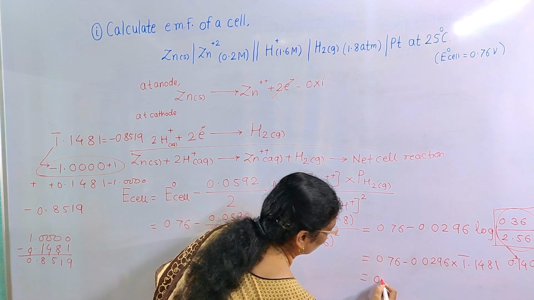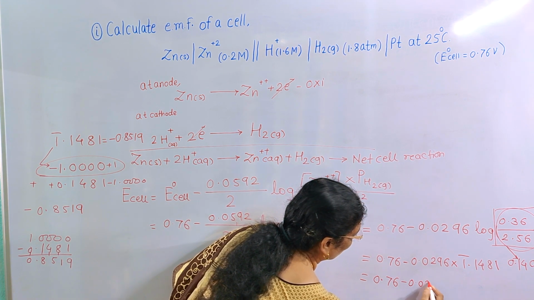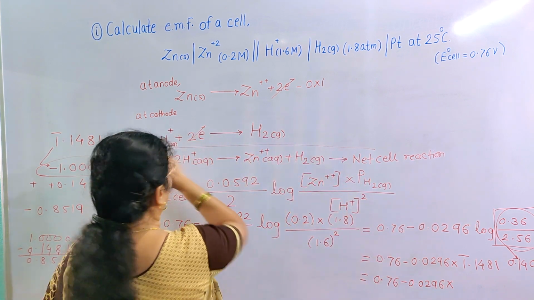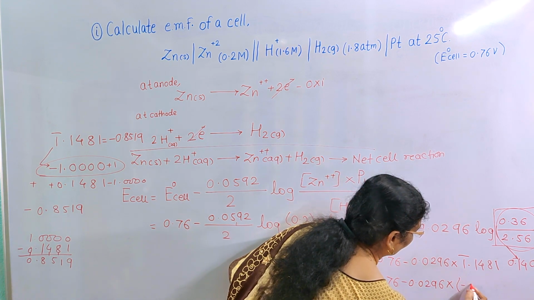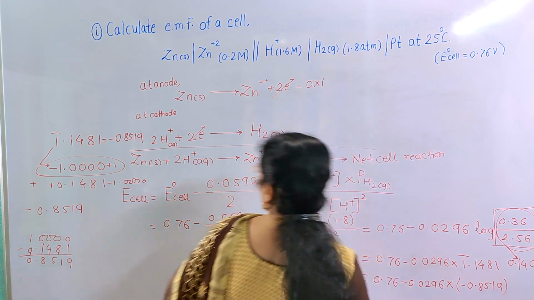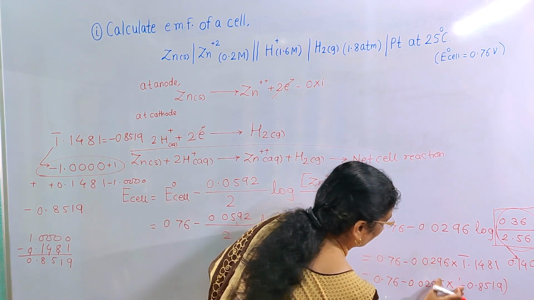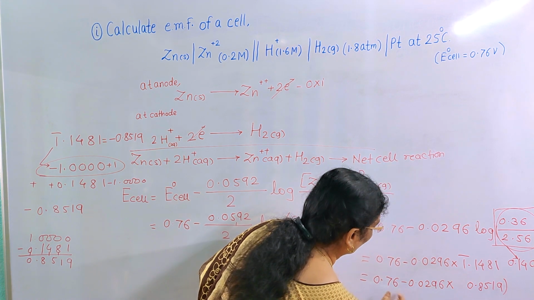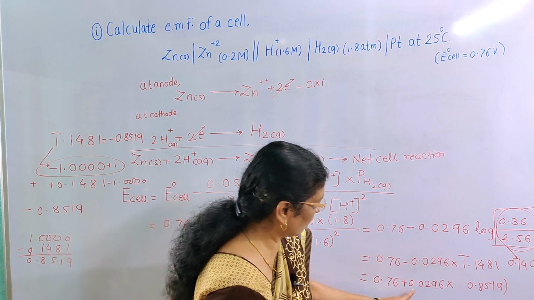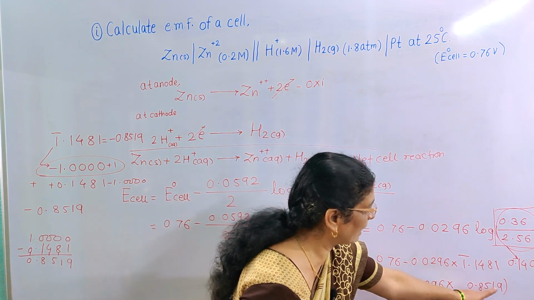Now you can take this value in this calculation. So it is equal to 0.76 minus 0.0296 into minus 0.8519. Minus times minus will become plus, so you obtain a plus value here. You can calculate this value: 0.0296 into 0.8519.